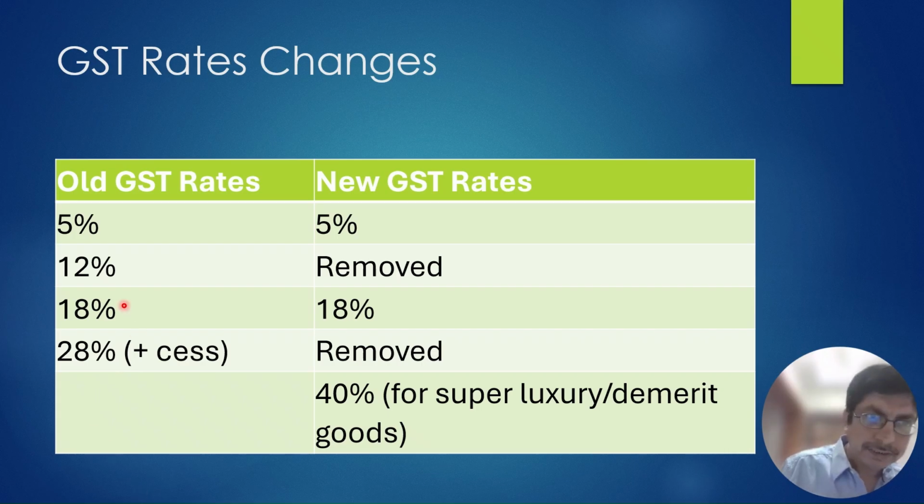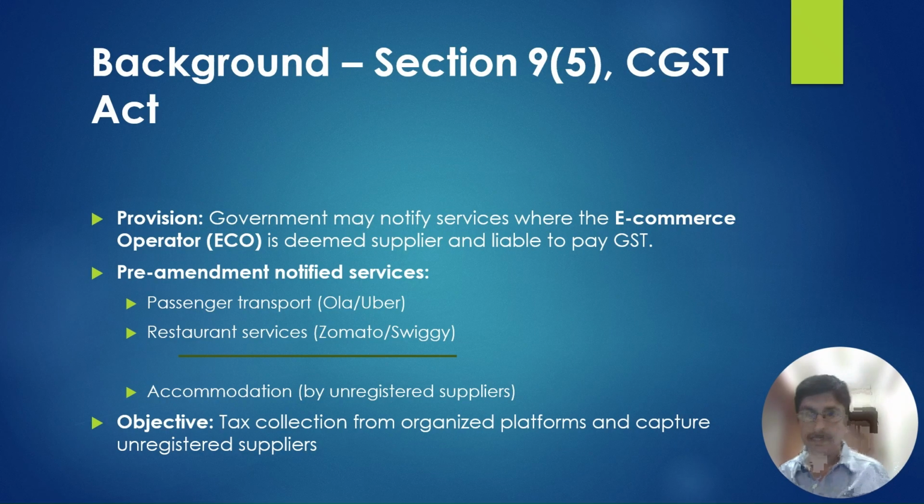Now this 12% rate has been removed. So the GTA service provider who is availing the input tax credit and paying the tax under forward charge, the GST at the rate of 18% is payable and not at the rate of 12%.